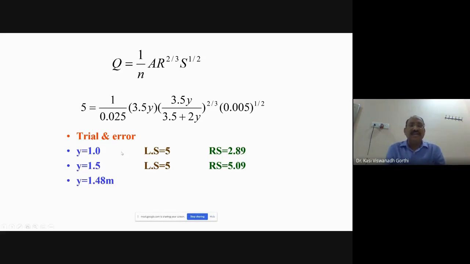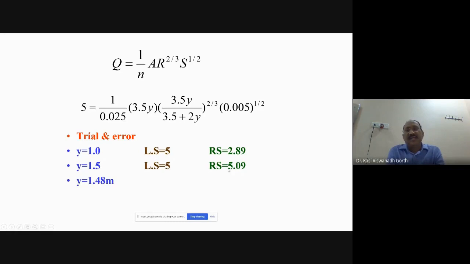So your trial value or assumed value is not correct. If your assumed value is correct, the left hand side must be equal to the right hand side. In other words, you should continue this trial and error procedure till the left side value is equal to the right side value, and in such case your assumed value will be the actual depth of flow Y. So I increase it to 1.5 meters in the second try.